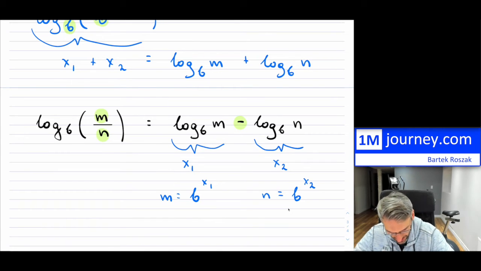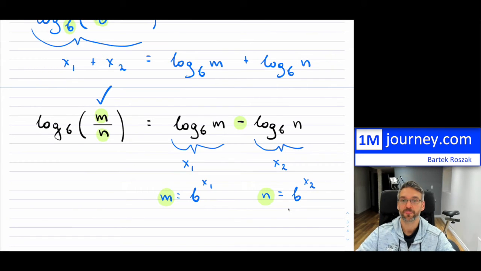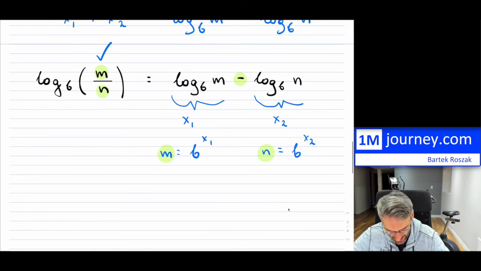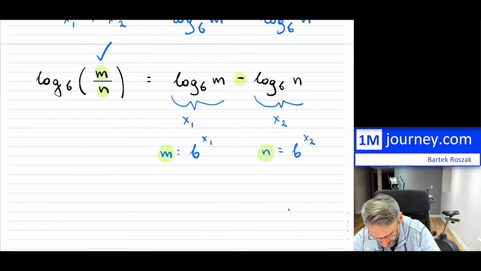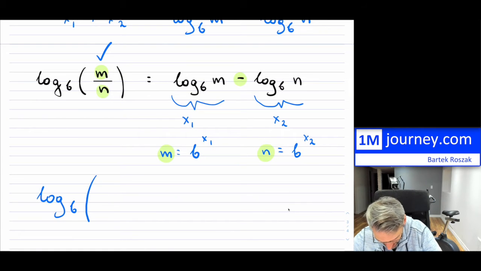Now taking these, m and n, and substituting them back into right there. So what I will find is, I'm going to write it out in full, log base b, and I'm going to substitute inside. My m is b^(x1) divided by my b^(x2).